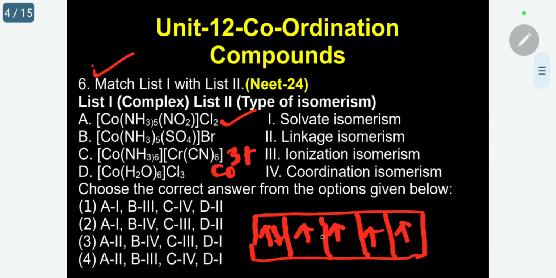That electron will automatically pair in this way. Just see here. So it is diamagnetic. Kindly follow. In the case of this, it is diamagnetic. Kindly follow.